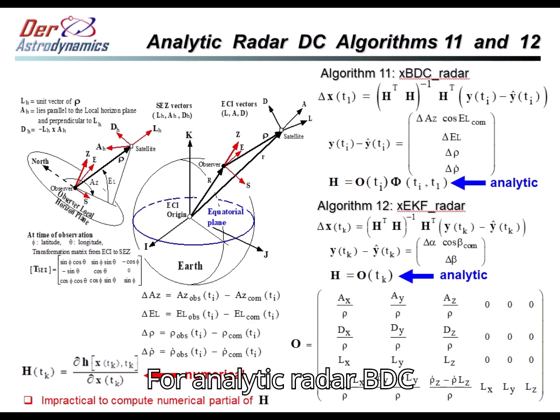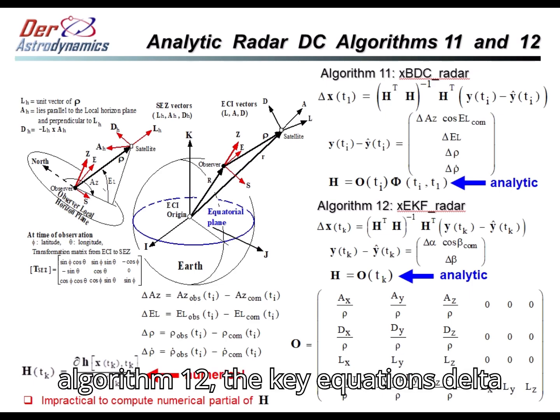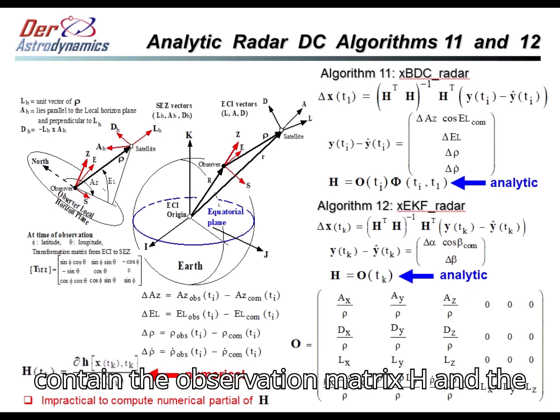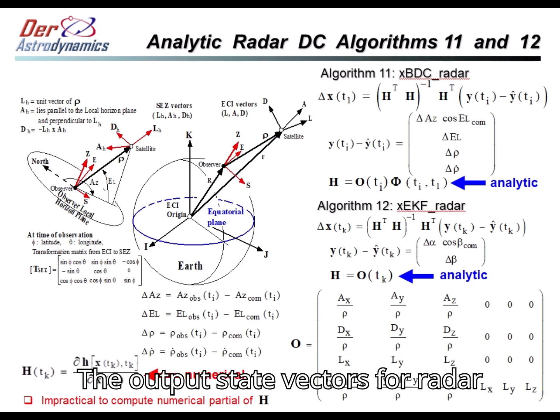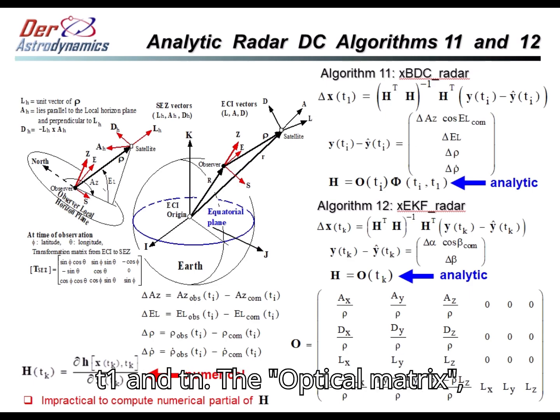For analytic radar BDC algorithm 11 and radar EKF algorithm 12, the key equations delta X Ti and delta X Tk contain the observation matrix H and the residual observation vector. The output state vectors for radar BDC and EKF are respectively at T1 and Tn.